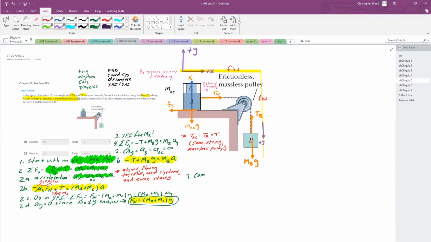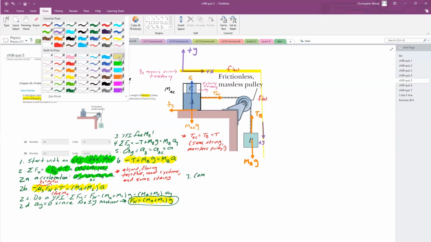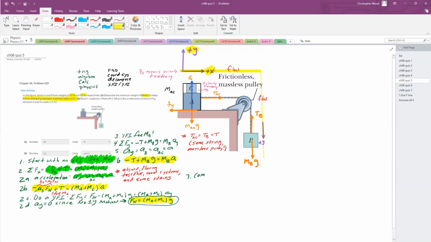So this Y coordinate here and this X coordinate here pertain to MAC. So all of this is the world of mass AC. This coordinate system here just pertains to the world of mass B. And what links them together is, once again, the fact that they flow. This axis flows with this axis right here.